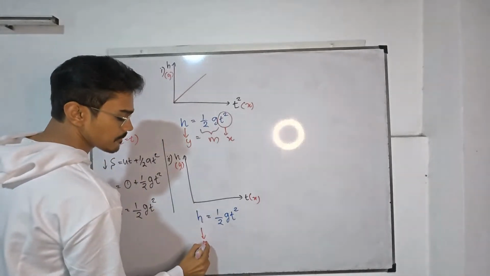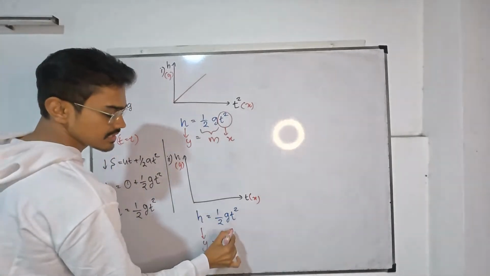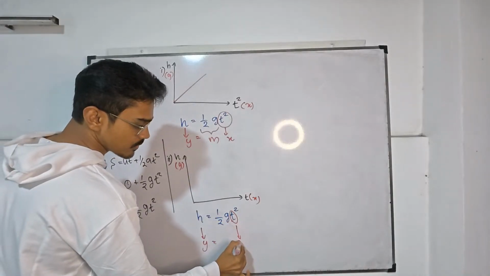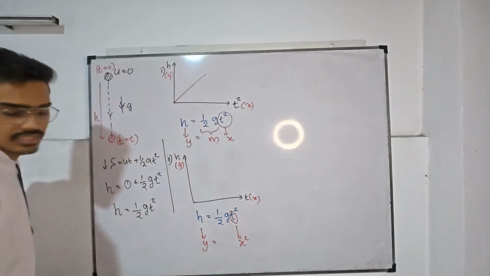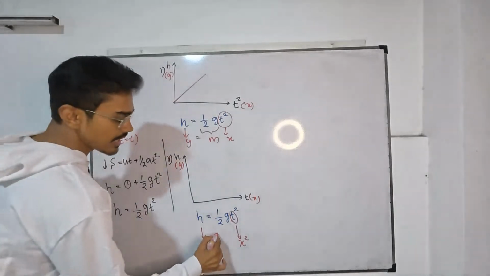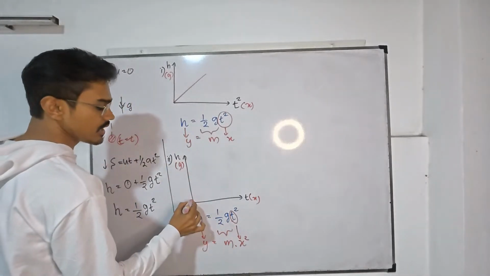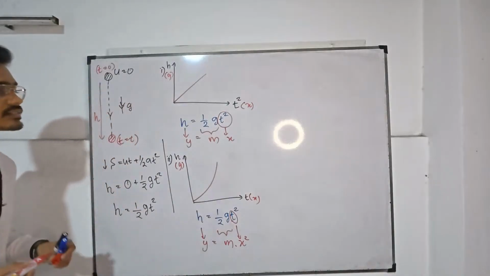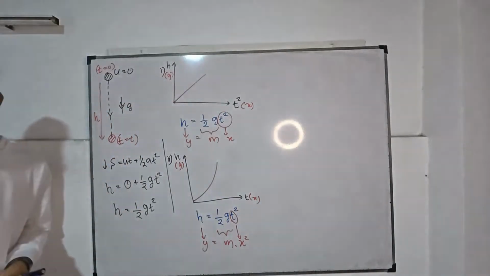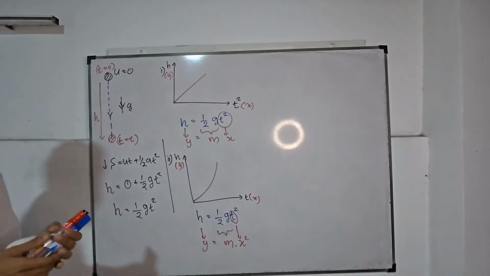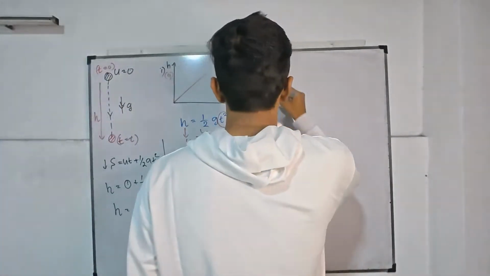H is y, t is x. Only t is x, therefore t squared is x squared, and half g is the gradient. Y equals mx squared. This is the curve. Next one: h with t to the power 4.